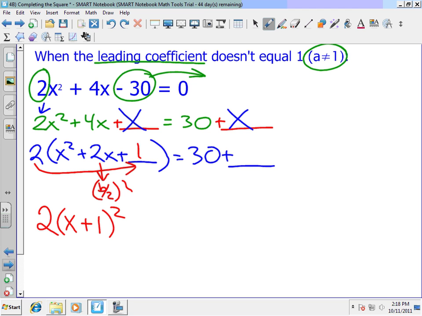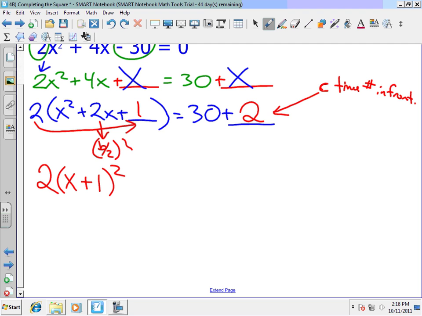So if I put a 2 on the left-hand side, a 2 goes over here. It's the c value times the number in front. And that needs to happen in order to balance out. So now we simply have 2 times x plus 1 quantity squared equals 32.